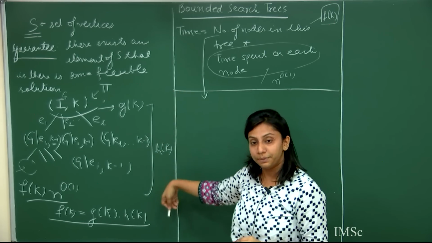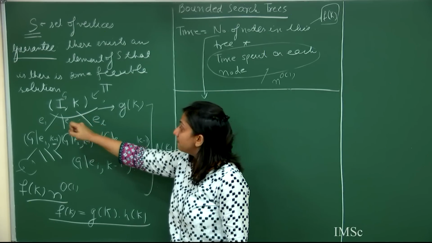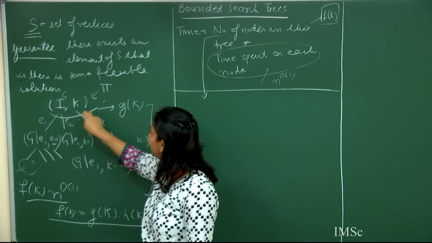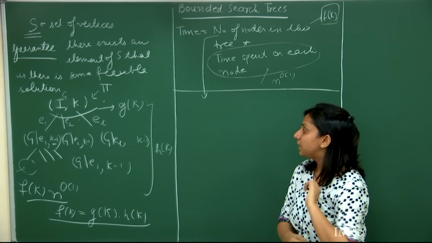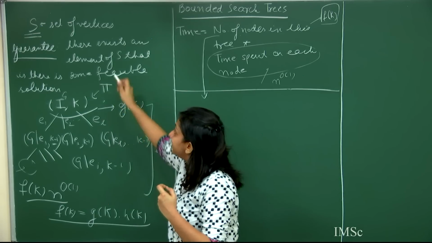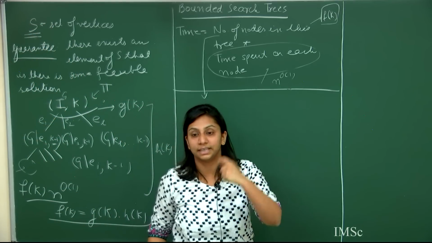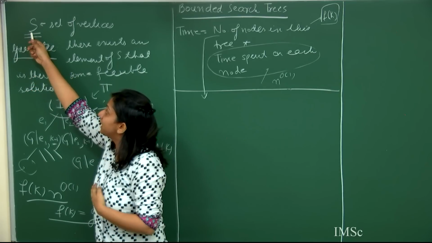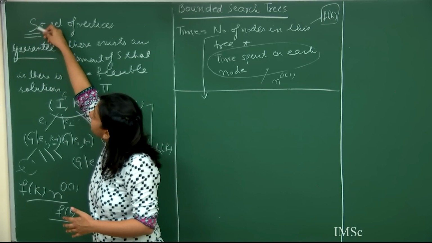To bound the depth, we typically use the following strategy. But first of all, let us talk about bounding the number of children. To bound the number of children, suppose the set S that you have has size some function of k, say the size of S is some g of k.